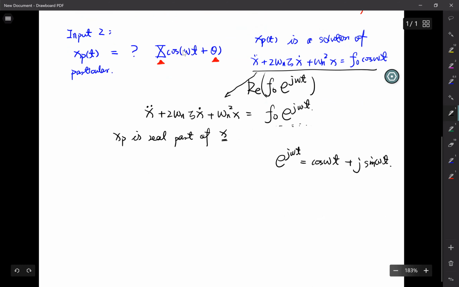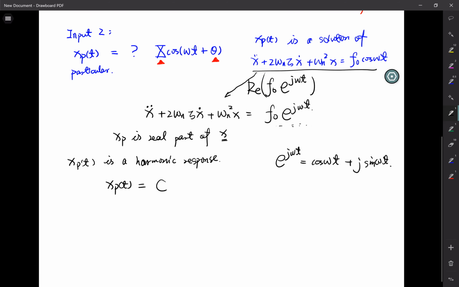Let's write it out, and then you're going to know what I mean. We already know that your x_p is some kind of harmonic. So you can write your x_p(t) as some constant C, to be determined, times e^(j(omega t plus phi)).